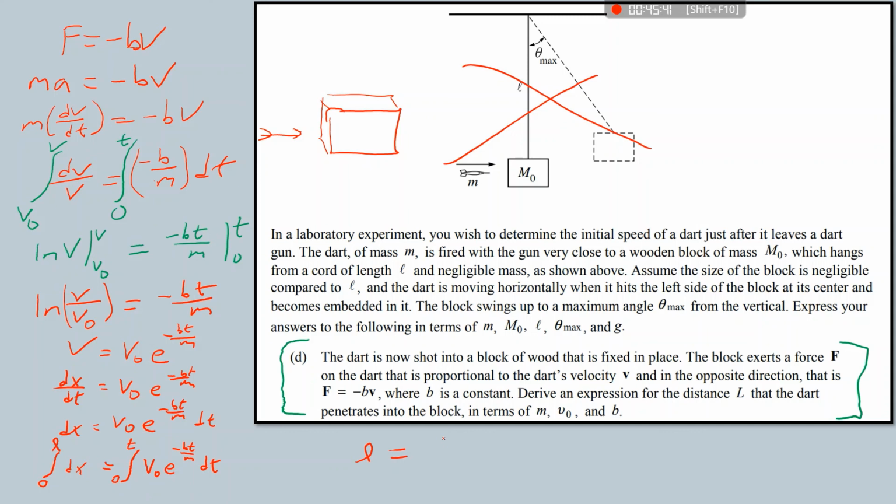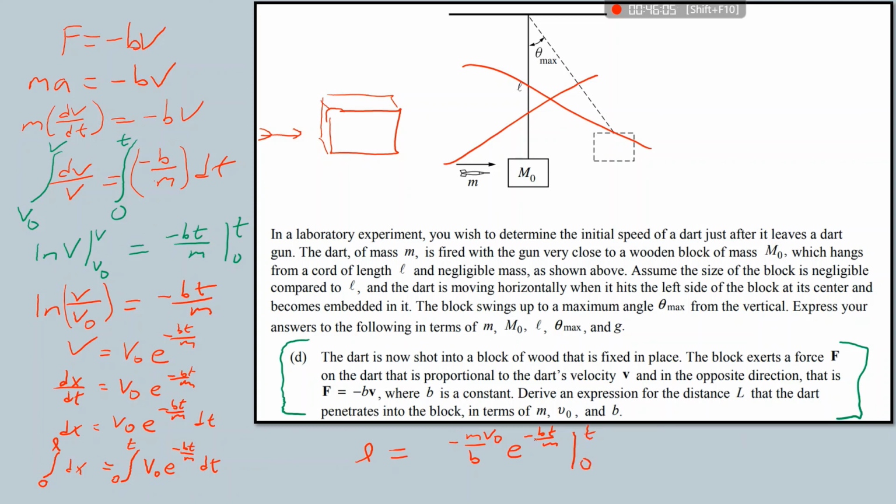Close. That's what would happen if I would derive. But if I integrate, minus m over b. Yeah. Okay, so this is minus m over b, v initial, e to the negative bt over m from 0 to t.